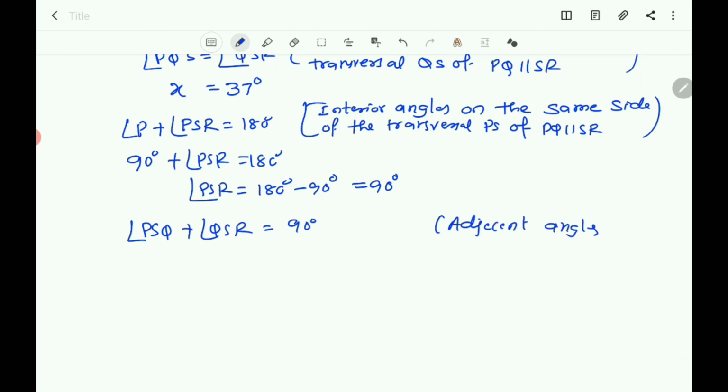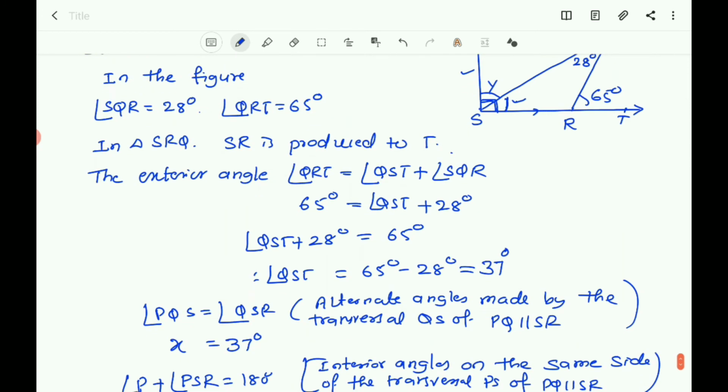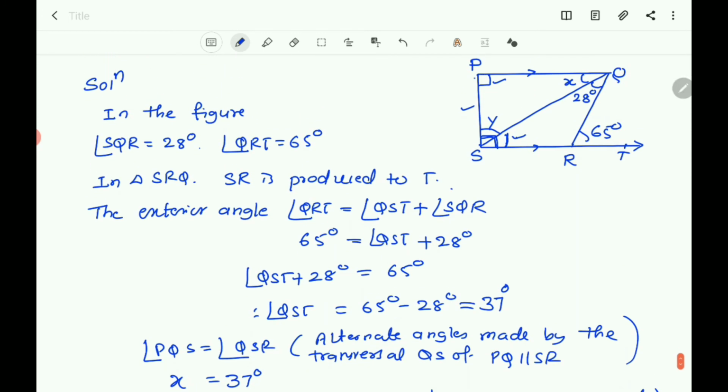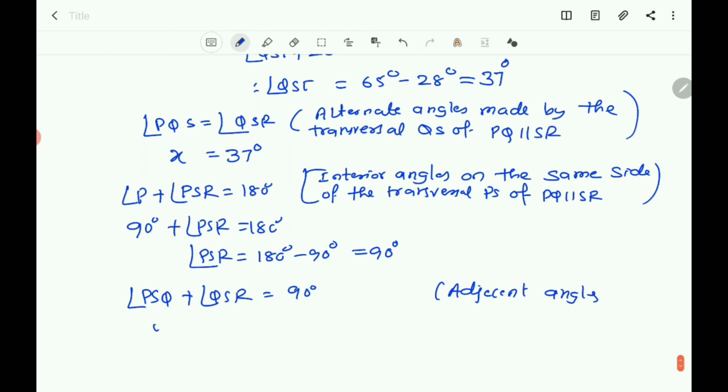Adjacent angles. Therefore, here angle PSQ. Angle PSQ means this is angle PSQ, that is Y. Y plus QSR, you know, that is 37 degrees.